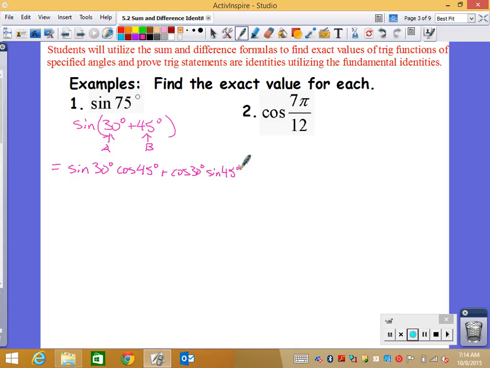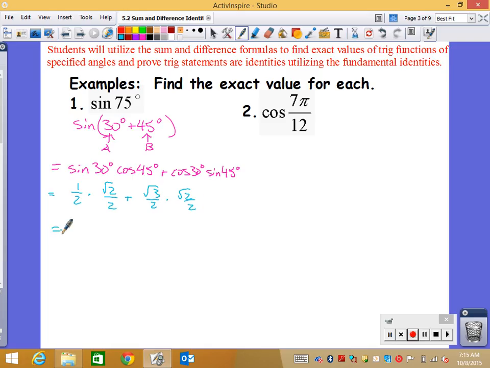Now, I know each of those based on special triangles. I know that the sine of 30 is 1/2. I know that the cosine of 45 is root 2 over 2. Plus, I know the cosine of 30 is square root 3 over 2. And lastly, I know that the sine of 45 is root 2 over 2.